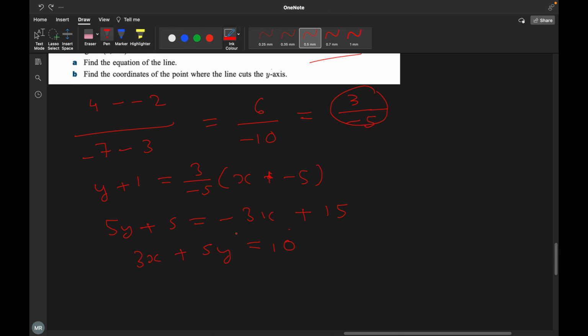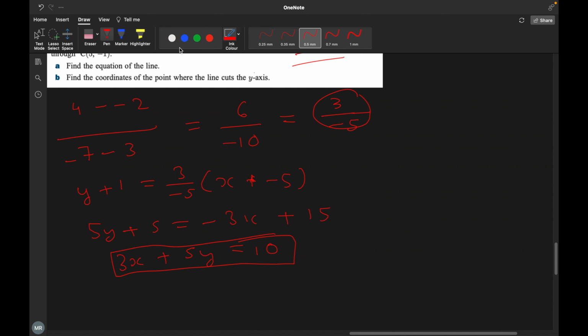Okay, so this is our equation. Now we have to find where it cuts the x-axis. So when x equals 0, we find the point where it cuts the x-axis.